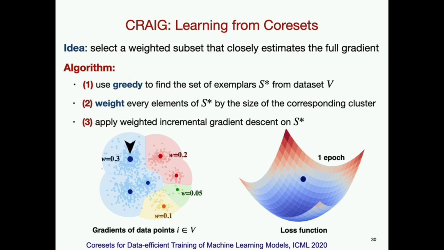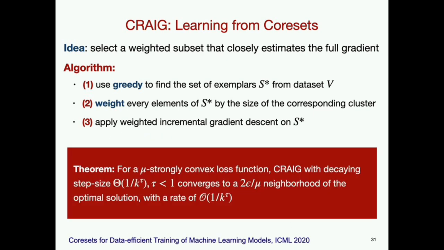Meaning that if it is the center of a larger cluster, we have a larger step size, and if we are moving based on the center of a smaller cluster, we move by a smaller amount. And we do this during training, and we are good. We get the guarantee that we are converging to a near optimal solution, meaning that we can train a very similar model, but much, much faster. The same convergence guarantee on the smaller data translates to much faster training.